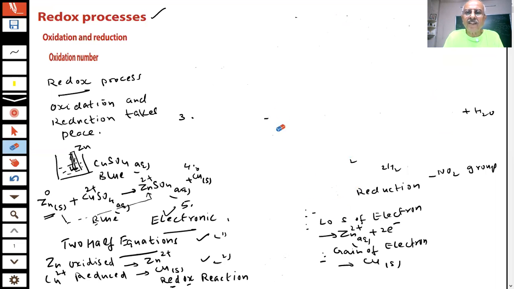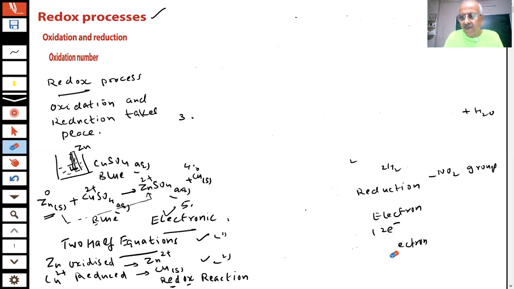Now you can see that in these reactions I could make out that one is losing electrons and the other is gaining electrons. In certain reactions, it will become difficult to know which is losing and which is gaining electrons. Then what will we do in such cases, student? So the second part is oxidation number. We have defined an oxidation state or oxidation number in order to find, in a reaction, which is being oxidized, which is being reduced, and which acts as an oxidizing agent and which as a reducing agent.